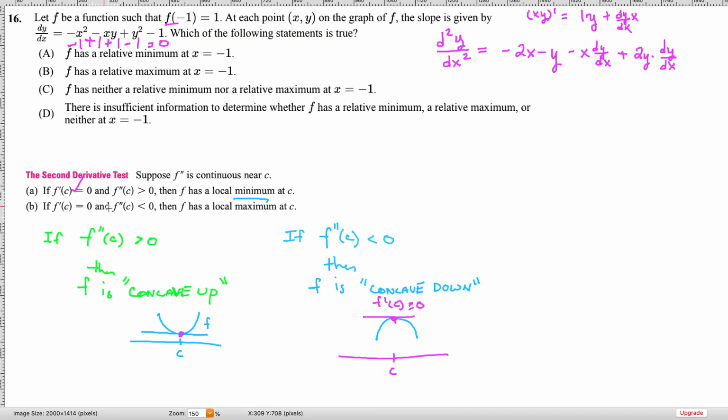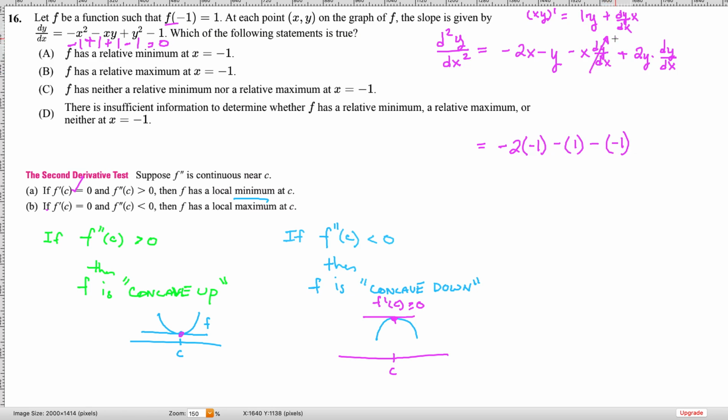Now I want to figure out whether it falls into case A or case B, because that will tell me whether at this point it's a local minimum or a local maximum. So if I plug negative 1 comma 1 into the second derivative, x is negative 1, y is 1. And now I know that when I plug into dy dx, I get 0.